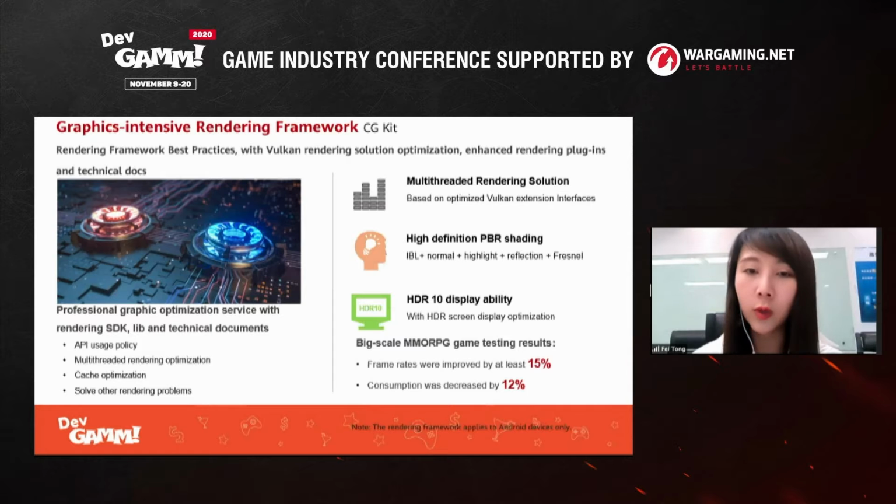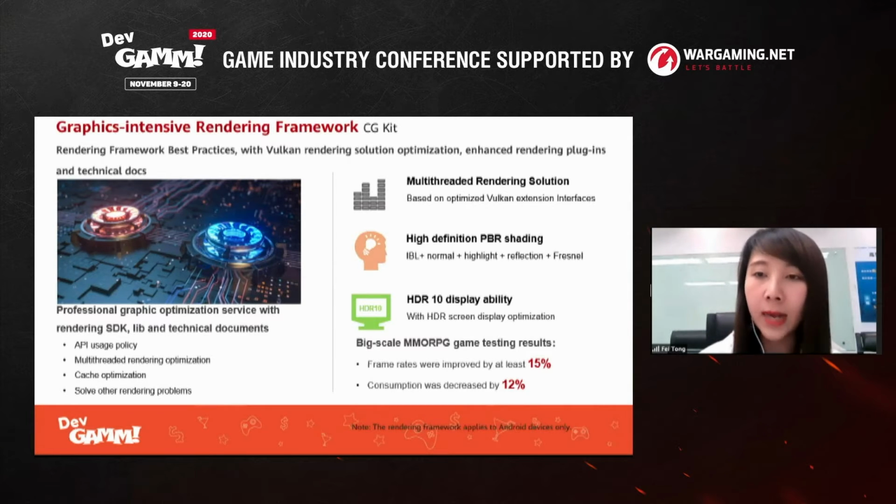I'm not sure if you know NetEase. It is quite famous in China. We cooperated with NetEase on their strategic-level game this year. It proved in their game that SageKit could improve frame rate by at least 15% and decrease power consumption by 12%.